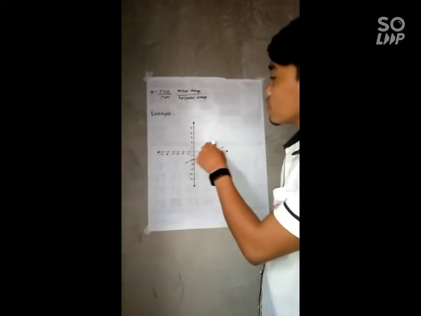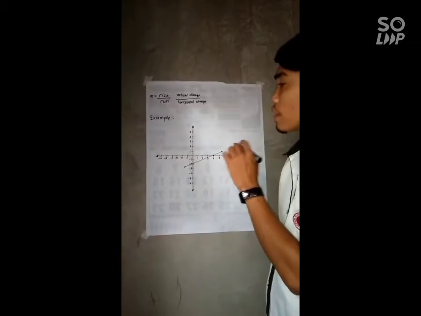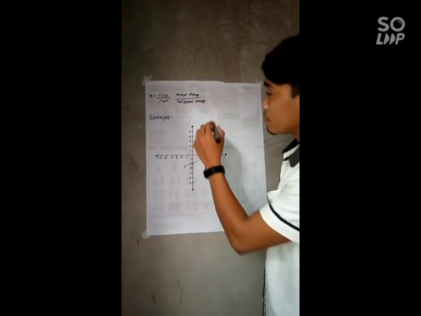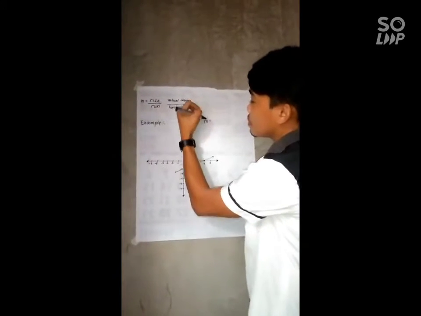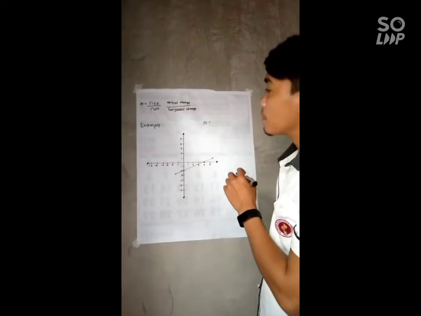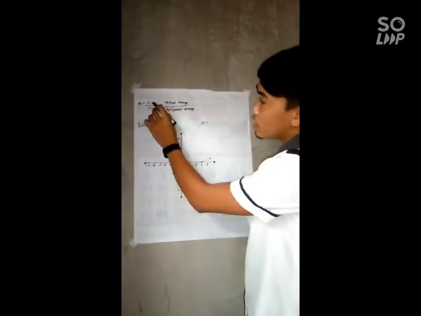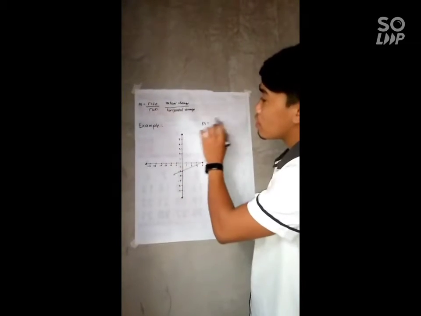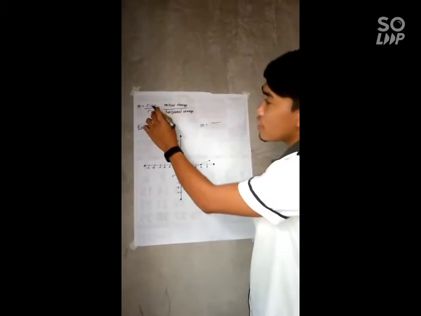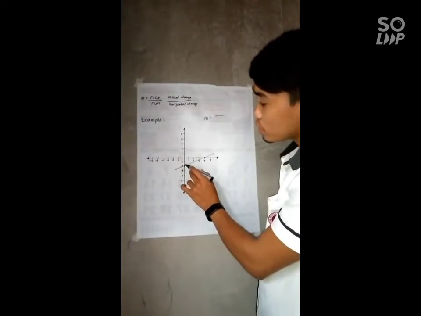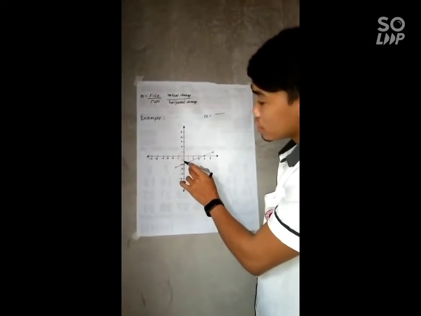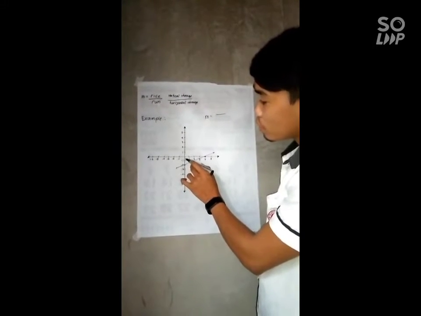So to solve this, m is equal to rise over run. Our rise is 2: 1, 2.